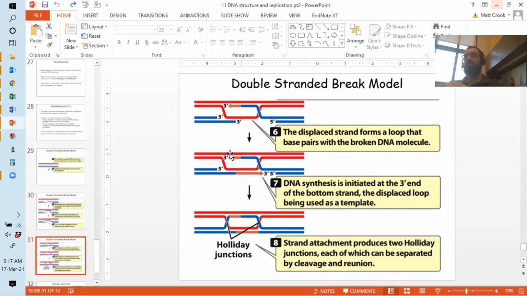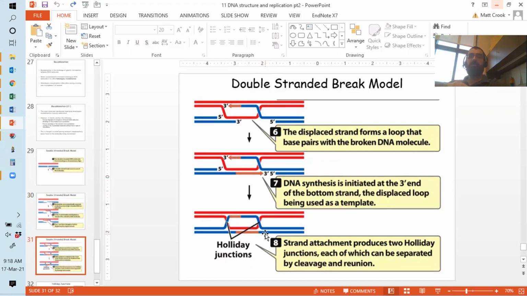That essentially continues until that DNA polymerase hits the 5' end of the other, basically the other broken bit of DNA, right? So this one is going to keep displacing this intact strand until it hits the 5' end of this broken chromosome. And we're going to get the same over here. This is going to continue until it hits this 5' end.